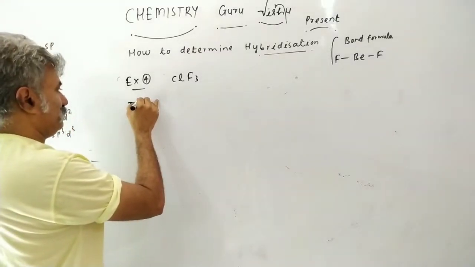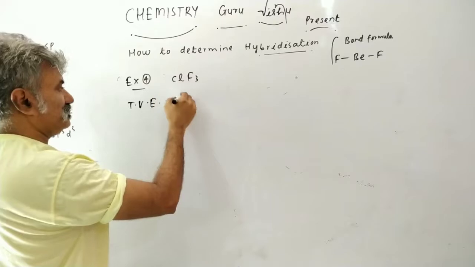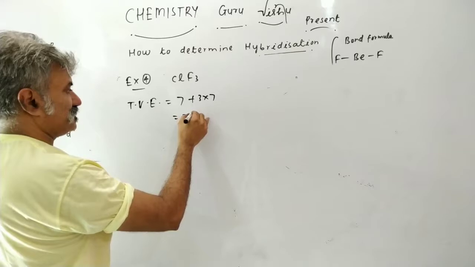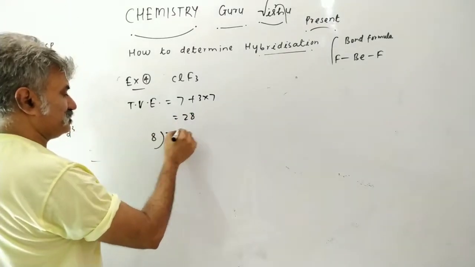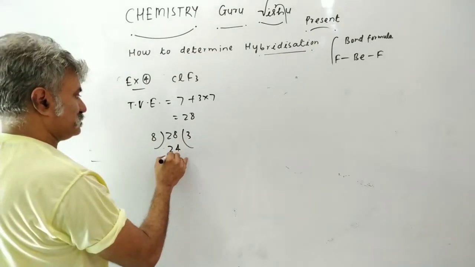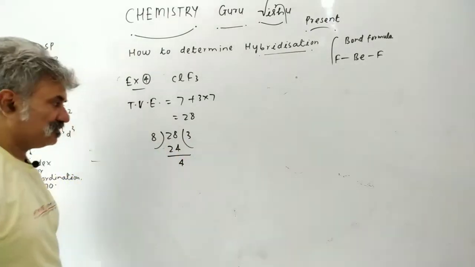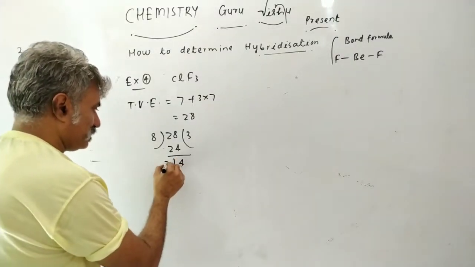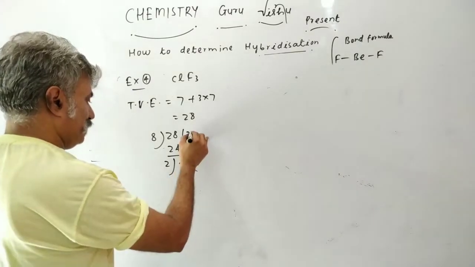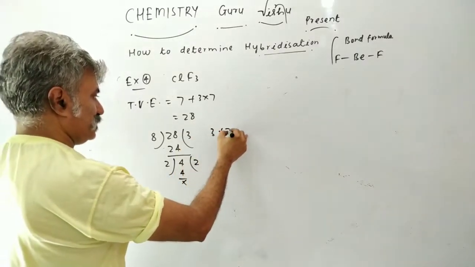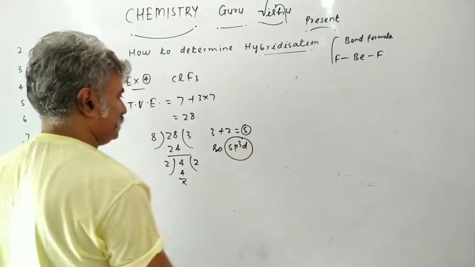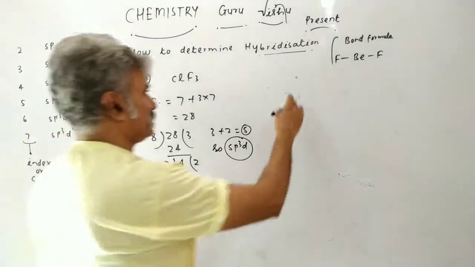Total valence electrons: Cl 7, F 7 each, 28. 28 divided by 8 gives 3, remainder 4. So again divide this remainder by 2, 2 twos are 4. Now add these two quotients, 3 plus 2 equals 5. So sp3d hybridization.